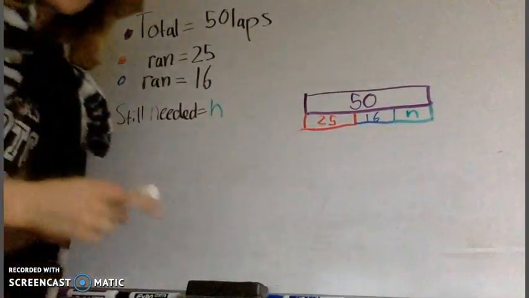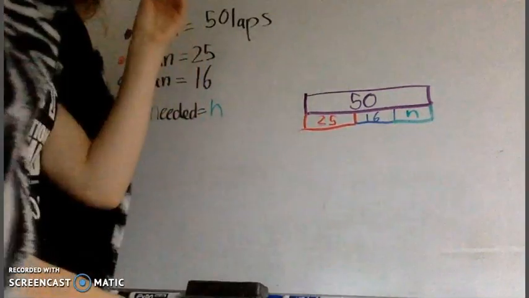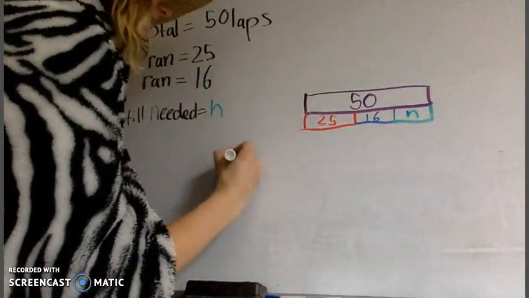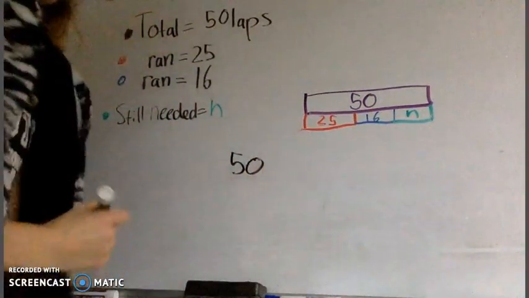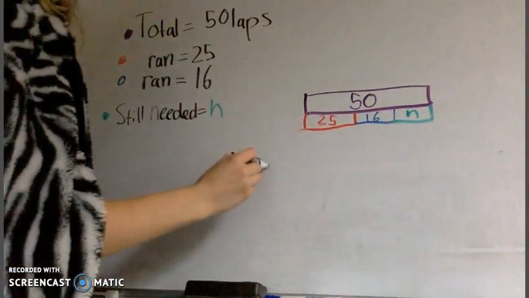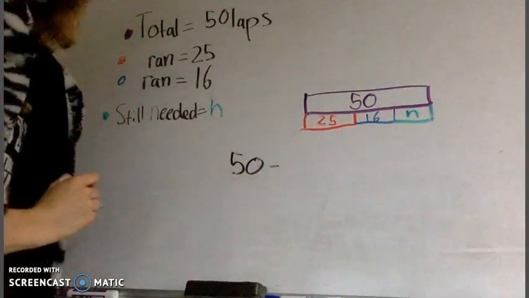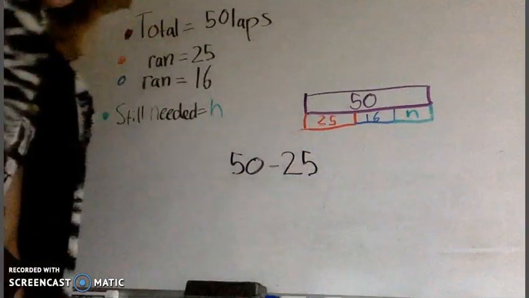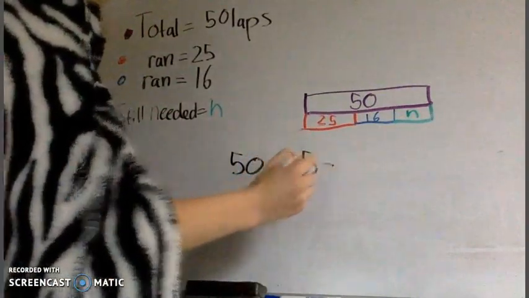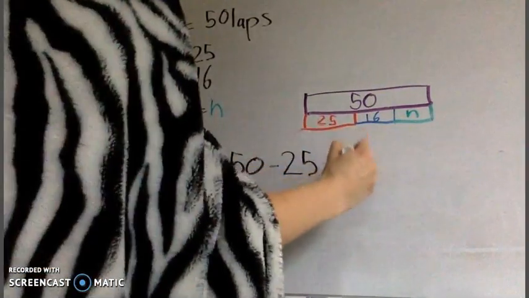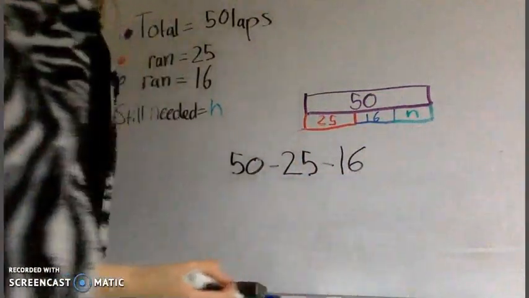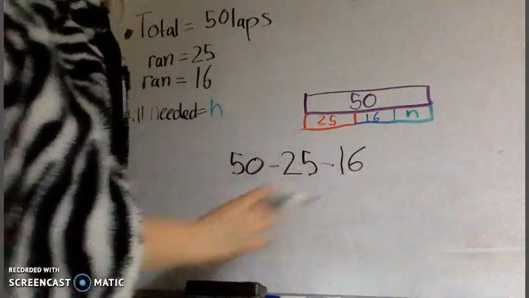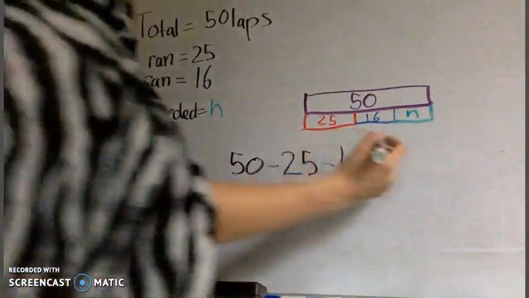To set up this equation, we started with 50 laps that we needed to run. Then we took away 25 because we ran those 25. Then we ran 16 more. How many laps do I have left after I took away 25 and 16 of my 50 laps?